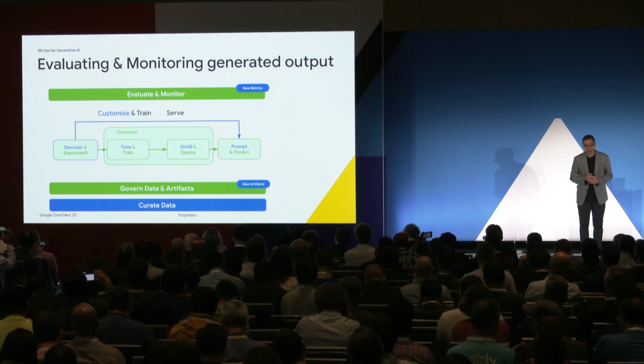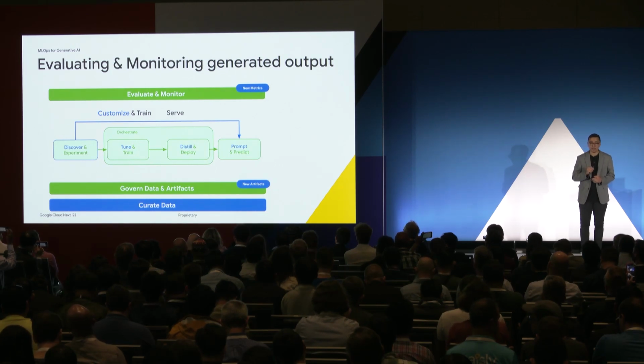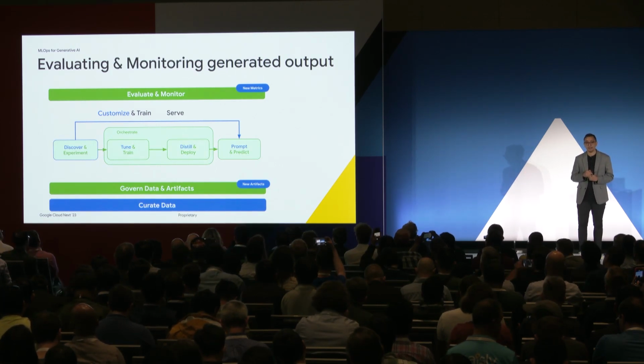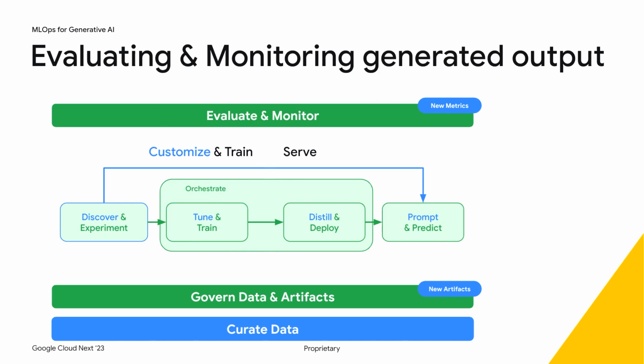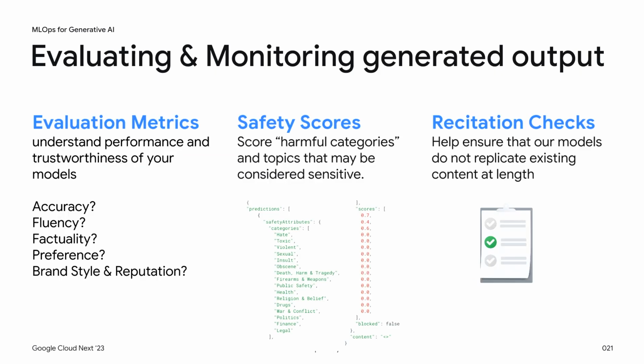Next, we want to think about the top layer. Again, evaluation and monitoring. Very important, but a new set of metrics and challenges for certain use cases. So, most of us love highly quantitative, very clear metrics. Mean square error, precision, recall, accuracy.